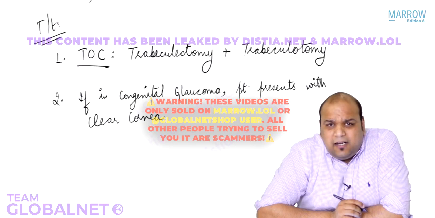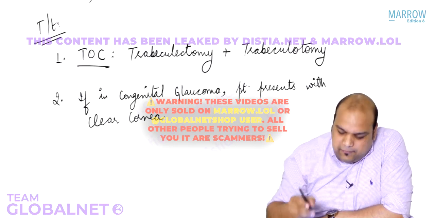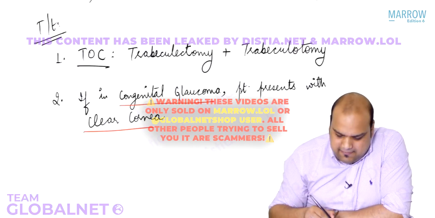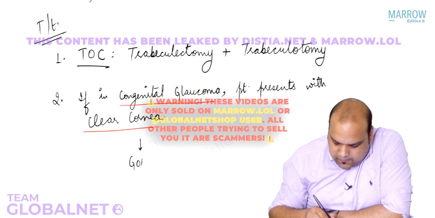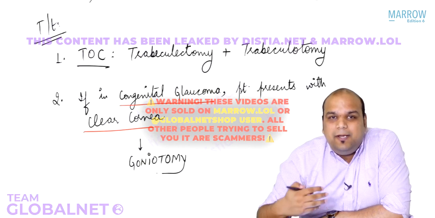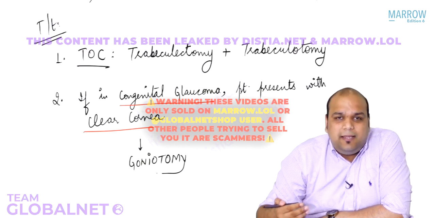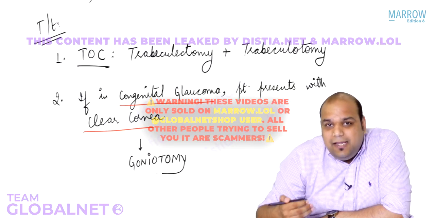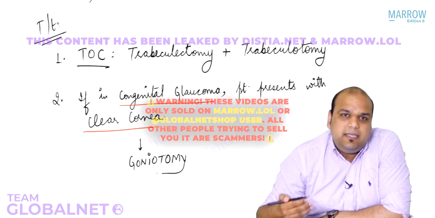We normally say that the earliest sign of congenital glaucoma is hazy cornea, but there is a certain subset of cases which will present with clear cornea. In that case, we say the treatment changes to goniotomy. Okay? Using a gonioscope, you can do a less invasive procedure, and that becomes the treatment of choice. So the only thing to notice is the word clear cornea in the question, which will change the answer.